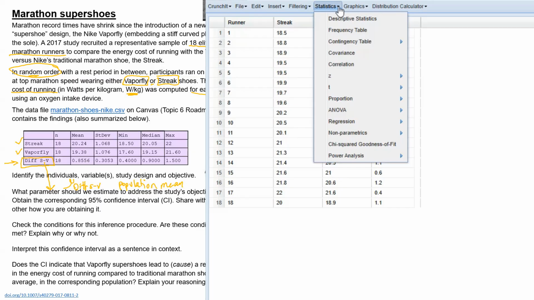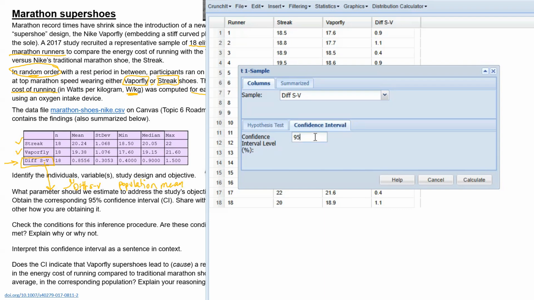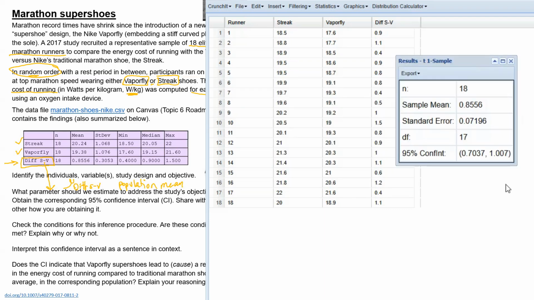We would go to Statistics, T, One sample, select diff S minus V as our variable column, and the Confidence Interval tab, 95%. This gives us a 95% confidence interval that is the range 0.7037 to 1.007, which is in watts per kilogram, the units of our variable.